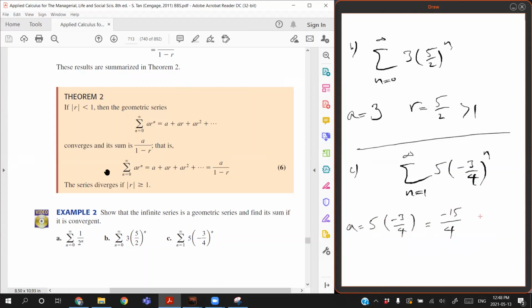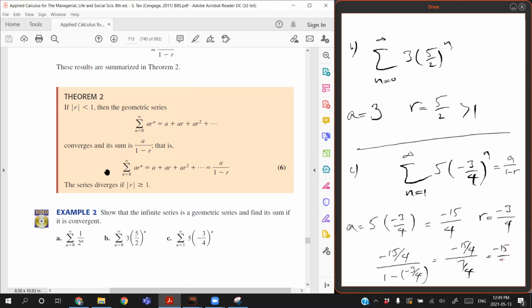What is the common ratio? It's clear, it's negative 3 over 4. So I just need to plug in values into the formula a over 1 minus r. So this geometric series is going to be equal to negative 15 over 4 over 1 minus negative 3 over 4. That's negative 15 over 4 over 7 over 4.